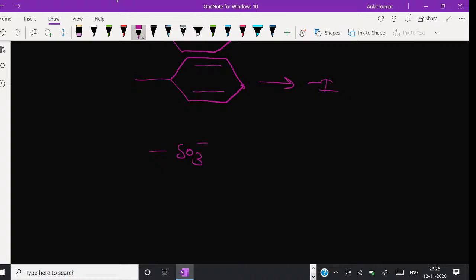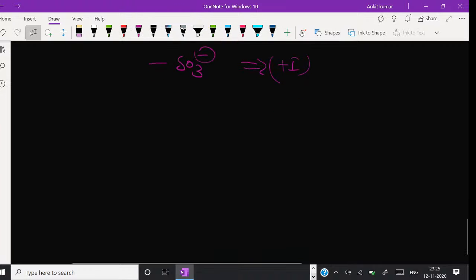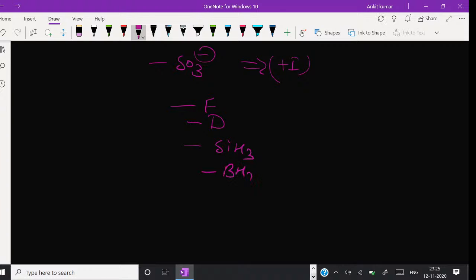SO3 minus, if you see a minus sign, just put it as plus I effect when connected to a ring. Fluorine, deuterium, SiH3, BH2: the last three will show plus I effect, and fluorine will show minus I effect.